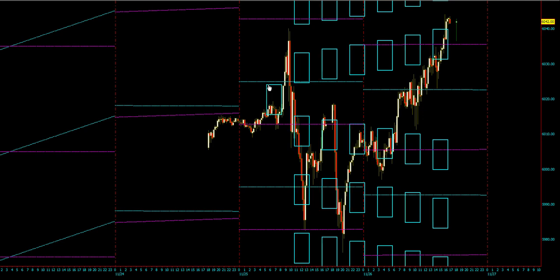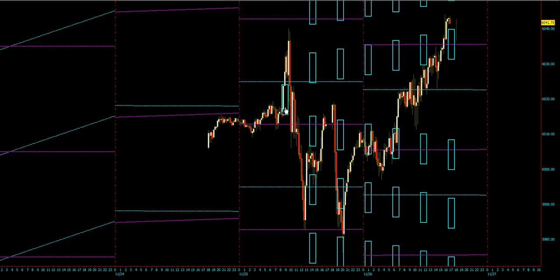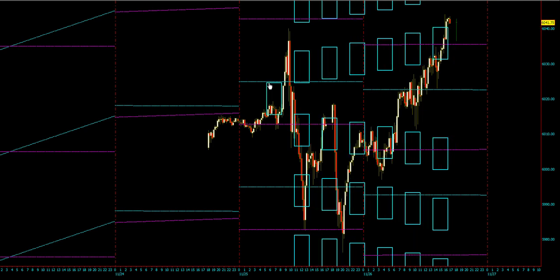So that's what you can do too. So this initiative big bar, this 15-minute bar is telling us market is potentially heading to the next square location.